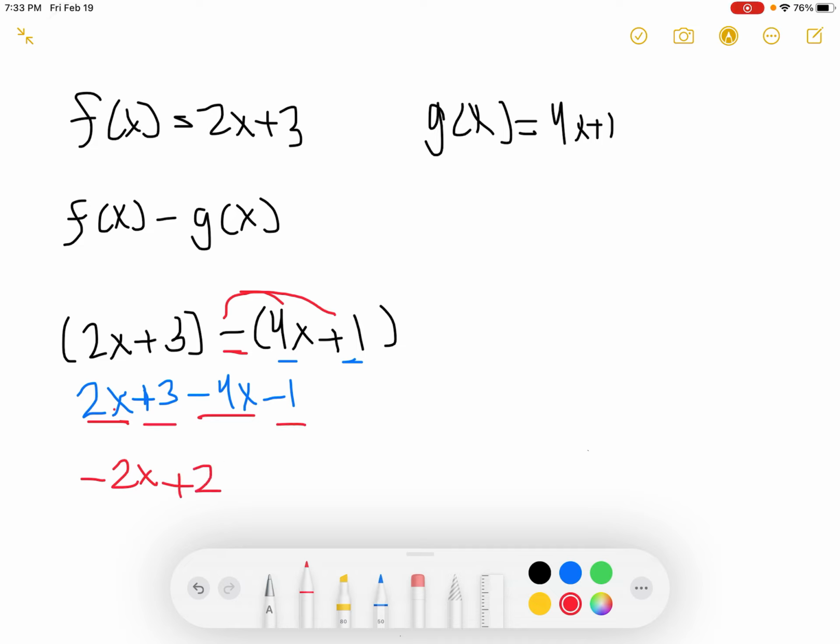That's how you do subtraction. Pretty simple, but you just need to remember that the negative changes what is to the right of it and makes all the things change what sign it is. Not necessarily just go negative, because if it already is negative, then it needs to go to positive.